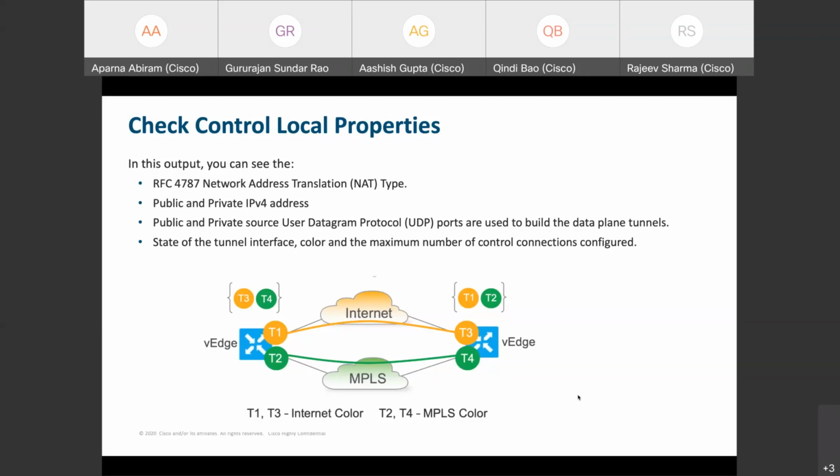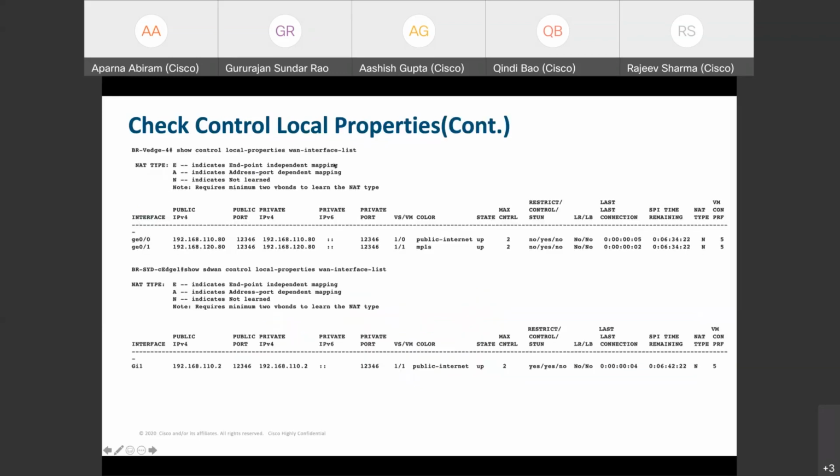Along with that, you'll be able to understand the UDP port over which it is trying to establish the data plane tunnels, the state of the tunnel, the color, and the maximum control connection configuration for this particular interface. The output is something like this. If you see the show control local-properties output, you will see for one interface the public color and the public port. In case there is no NAT, the public IP and the private IP are going to be the same.